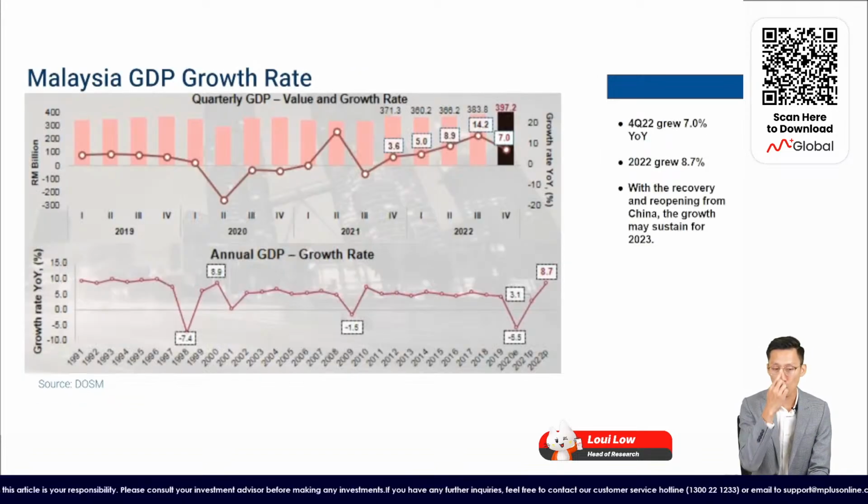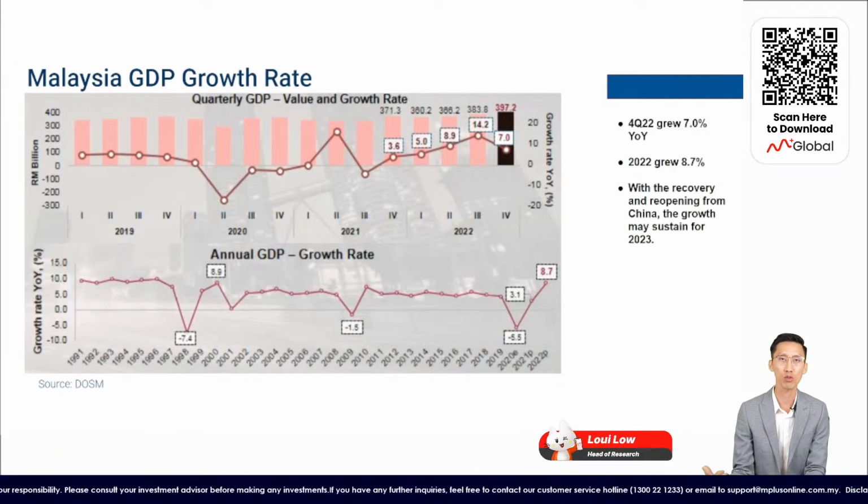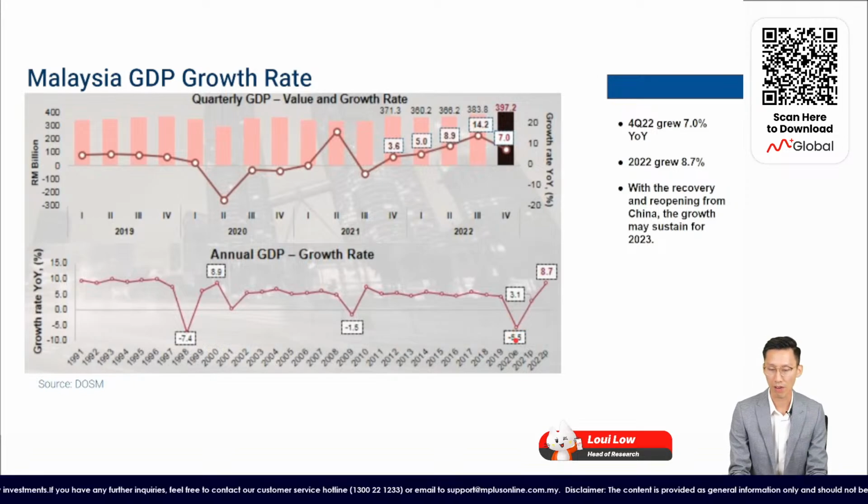Yeah. So coming back to Malaysia, what we see in our GDP is that we are on a growing path since 2020. We went into negative 5.5%, then back to 3.1, and then back up to 8.7.